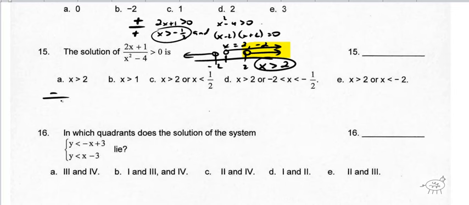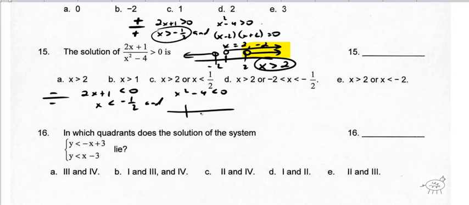Let's look when they're both negative, so it's negative over negative. It's the same thing. 2x plus 1 is less than 0, so x is less than negative 1/2. And x squared minus 4 is less than 0. So it's the exact same thing, math fans, except it's between these two values.